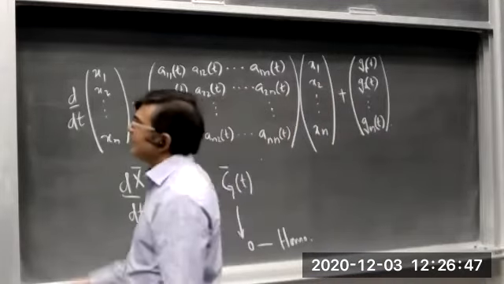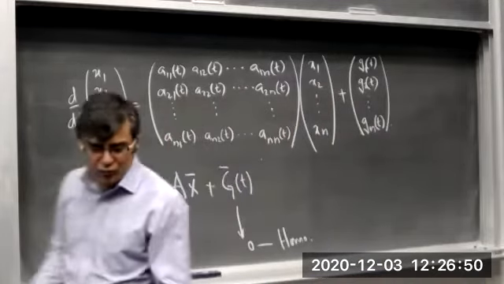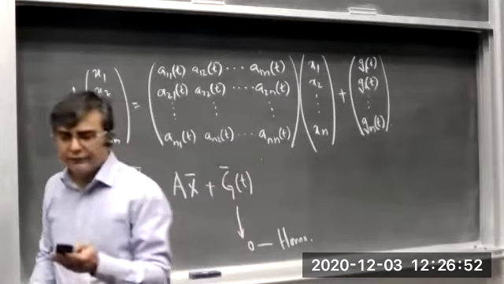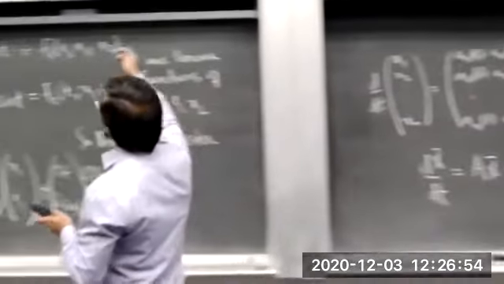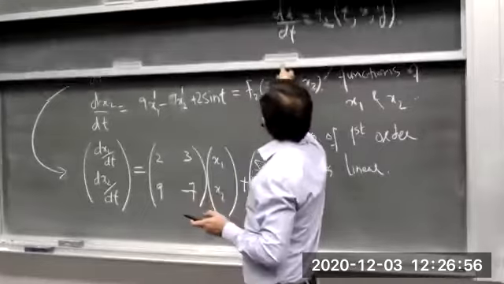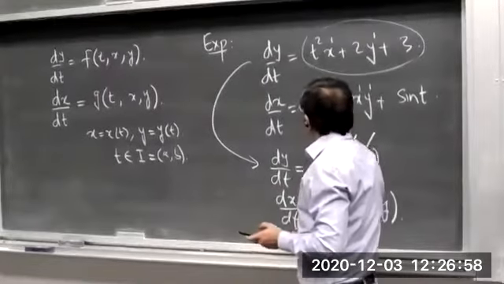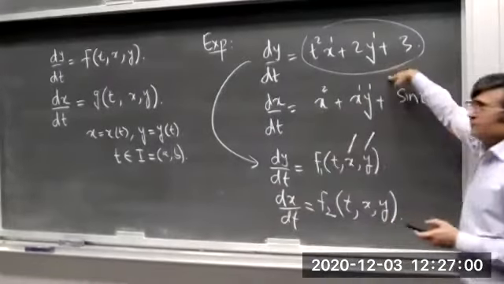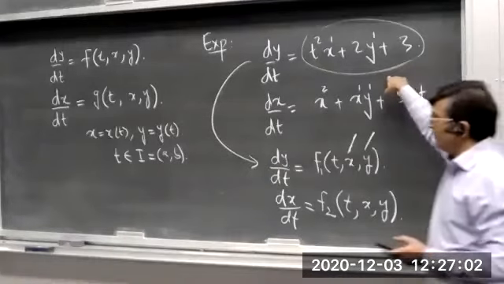Why? Let's go back to example 1, which we discussed on the first board here. Second, this one. Can you write this system into matrix form? Let's try.